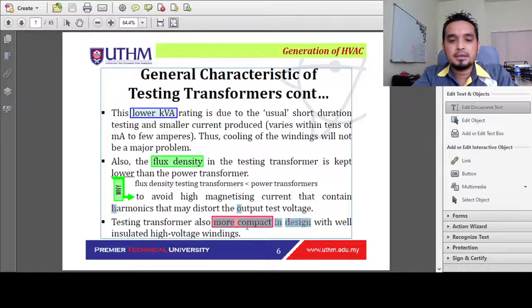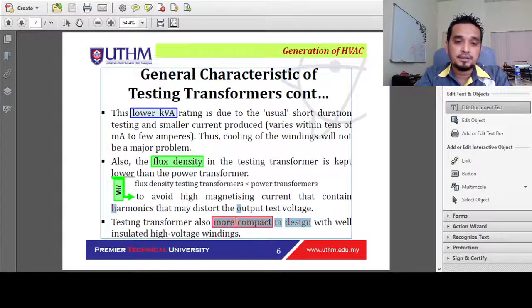In comparison, maybe I can say we have the power transformer of Velfire size or Toyota Alphard size, but for the same voltage level, we might have a wheelbarrow size for the testing transformer.